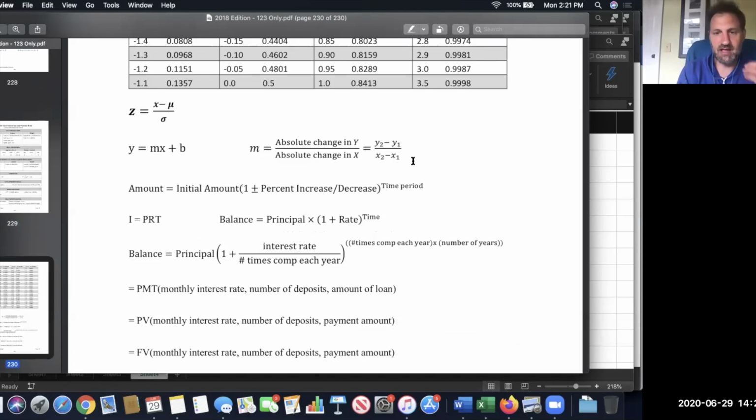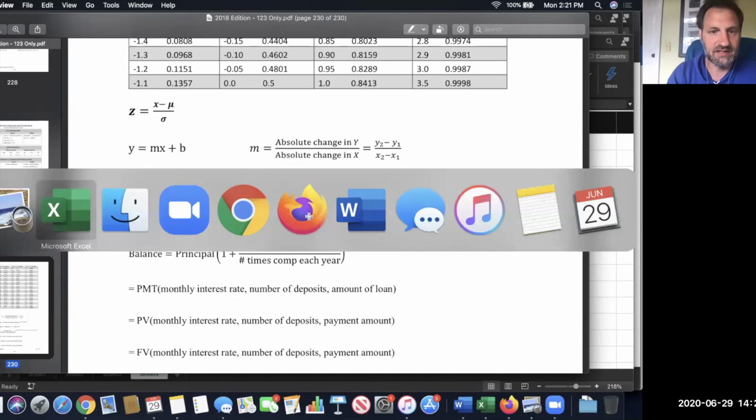It tells you that M is a ratio, and if I recall correctly, that's how I defined it here. It's a ratio of change.